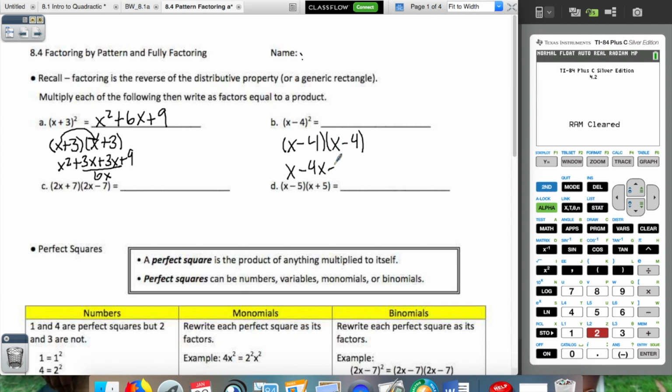Negative 4 times x gets us another negative 4x. And negative 4 times negative 4 gets us positive 16. Oh my gosh, I forgot the x squared. The x times x is x squared, so that's why that's x squared. And do we have any like terms? Yes, we have negative 4x and negative 4x, which ultimately give us negative 8x. We have x squared minus 8x plus 16.